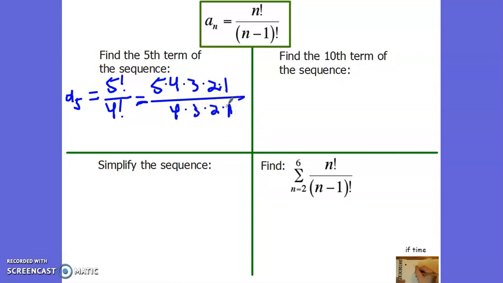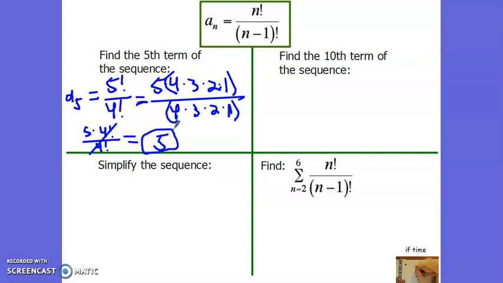So oftentimes what I'll do is I'll take a look at my fraction and say, well, if this is 5 and everything below it, and 4 and everything below it, well, the 4 and down basically lines up. So rather than writing that all out, what I'll usually write is 5 times 4 factorial, the remaining terms, right, 4, 3, 2, 1, over 4 factorial, which means the 4 factorials cancel, and we just get 5.